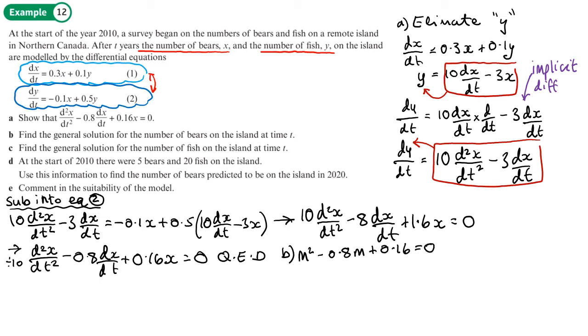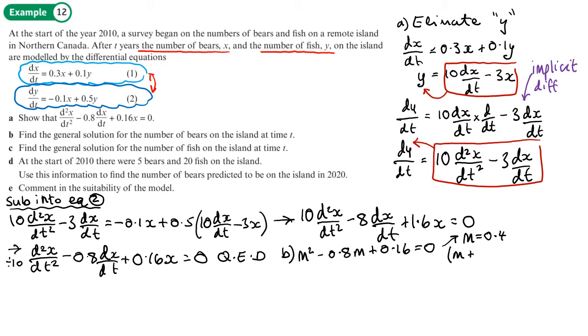So I will probably use my calculator to help me solve this. When I do use my calculator, I get a solution of m equals 0.4. You can check that on your calculator.